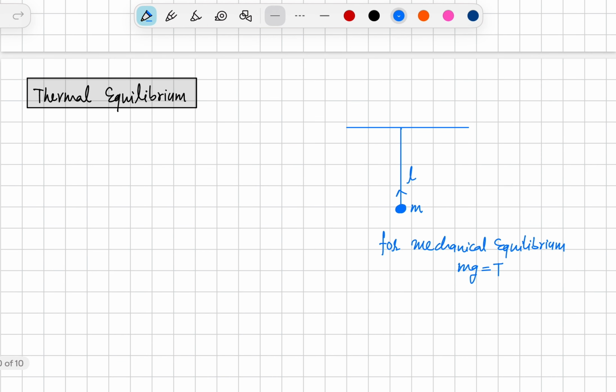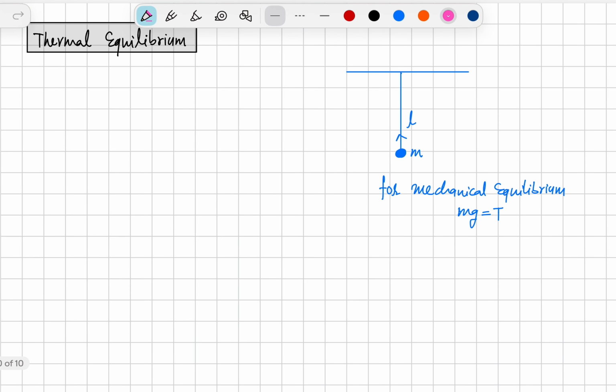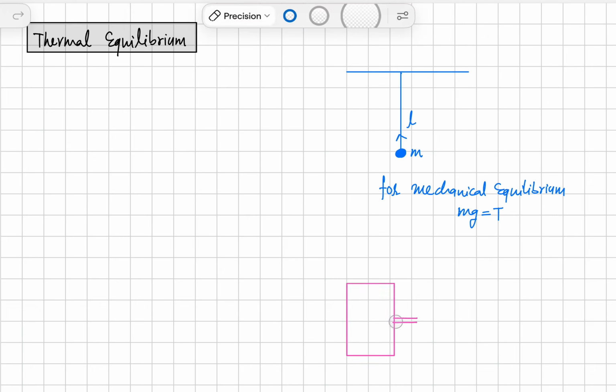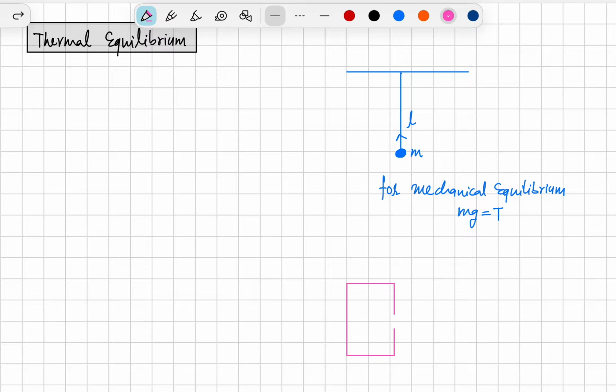But this was only a single system. Suppose I give you another system. Suppose I am having a container, any container, and they are connected by a valve, like this.